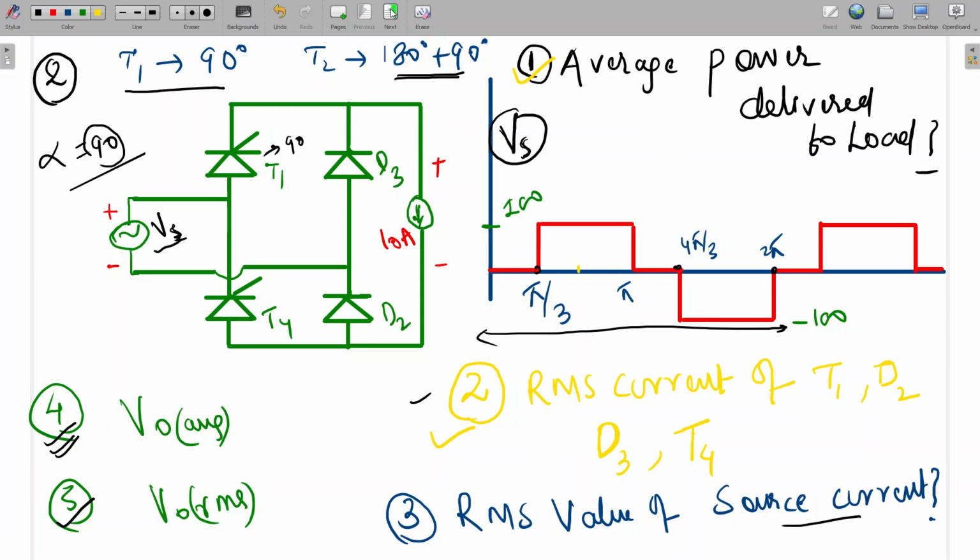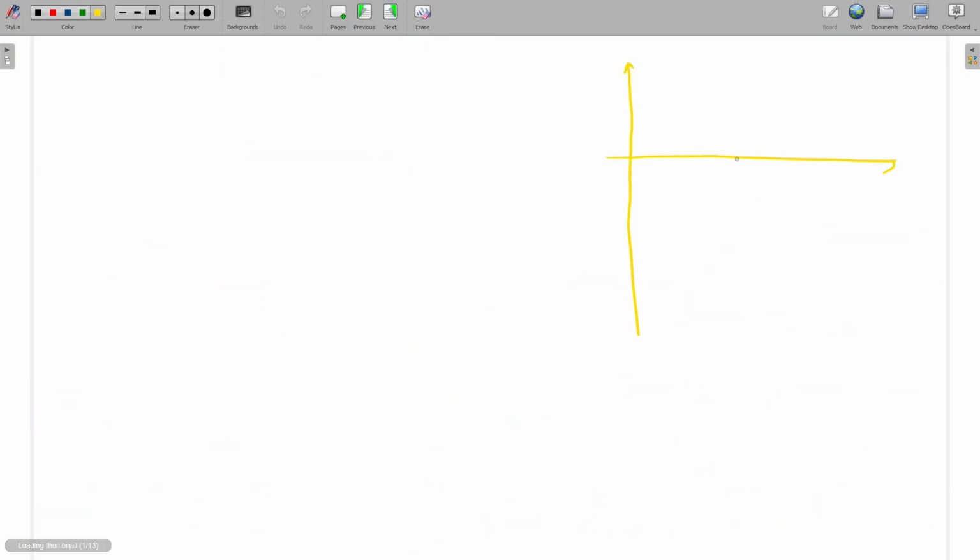From pi by 2 to pi, this is pi, the output voltage amplitude is 100 only. And again here, pi plus pi by 2 means 3 pi by 2 to 2 pi. This will repeat. So pi by 2 to pi and 3 pi by 2 to 2 pi. This will be the output voltage.